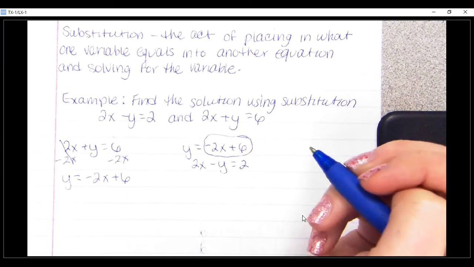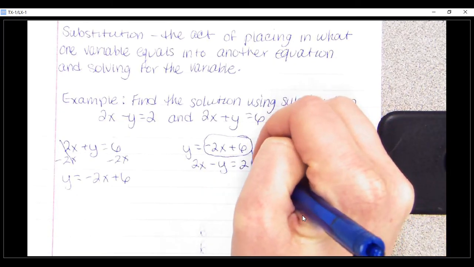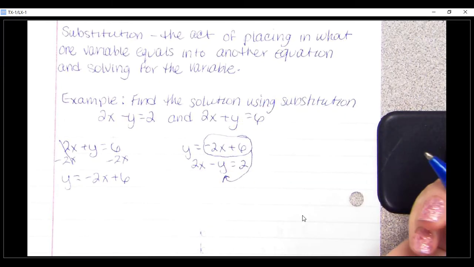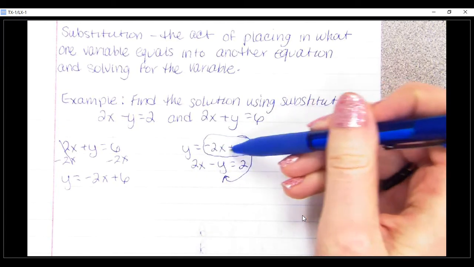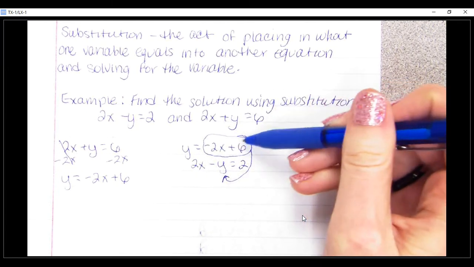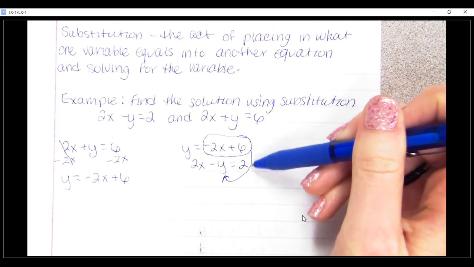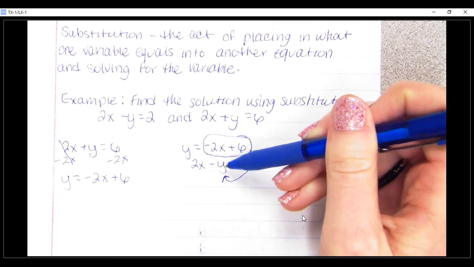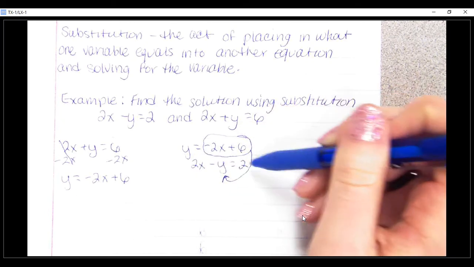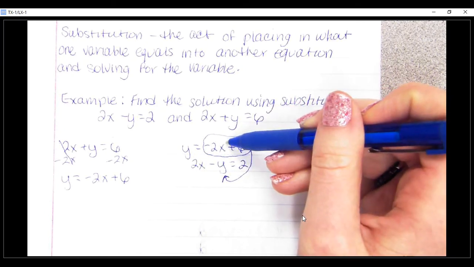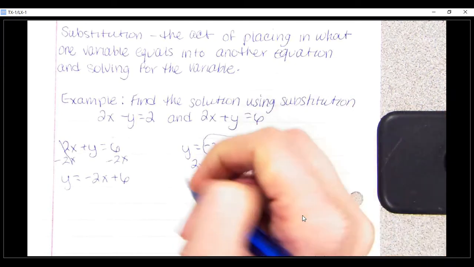I'm going to take that equation and plug it in for y in my second equation. So it's just like in a game. Negative 2x plus 6 is on the bench. Y is in the game. Negative 2x plus 6 is going to go in place of y. And we're going to write everything else the exact same thing, except instead of y, we're going to put this in parentheses. So let's see how that looks.